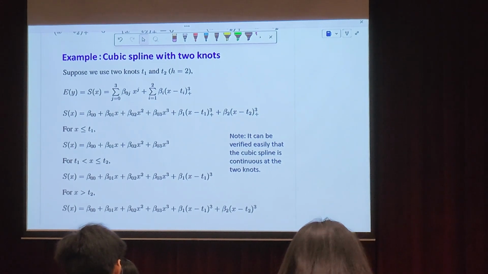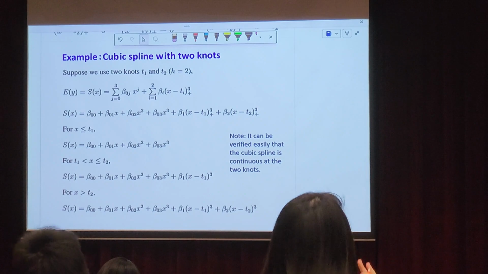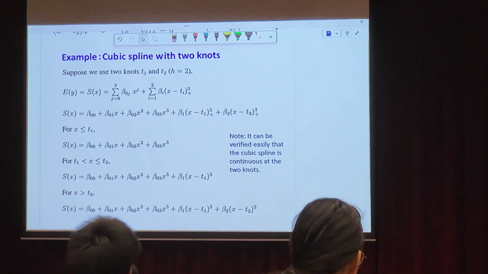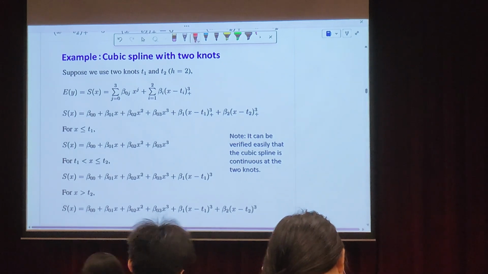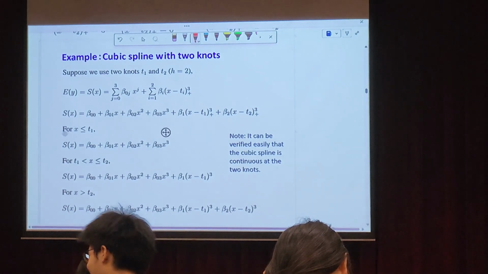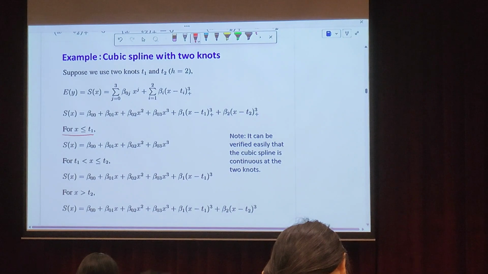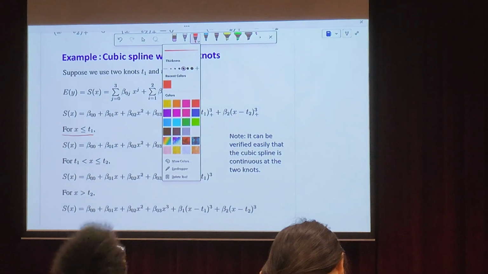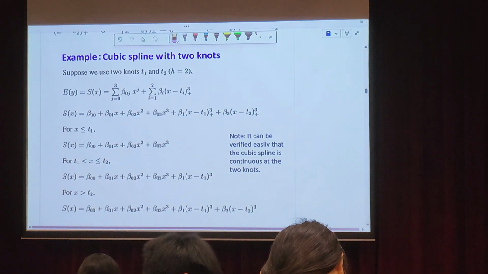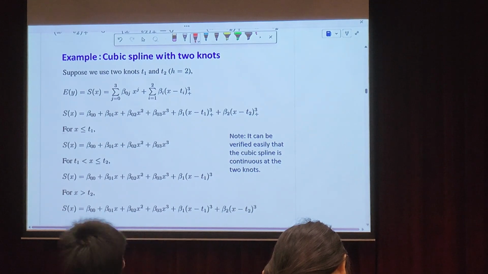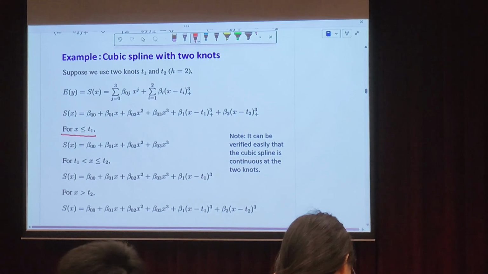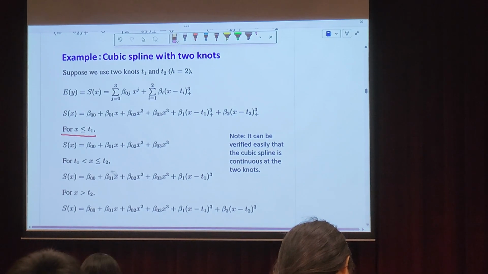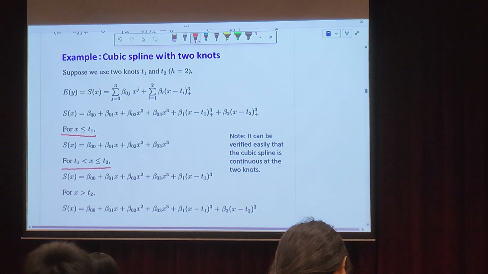So I have 3 segments. One segment here, one segment here, the first segment, and then the second segment, the middle segment, and the third segment.